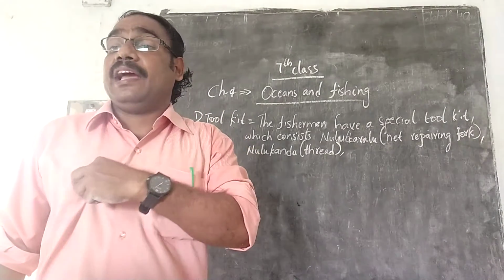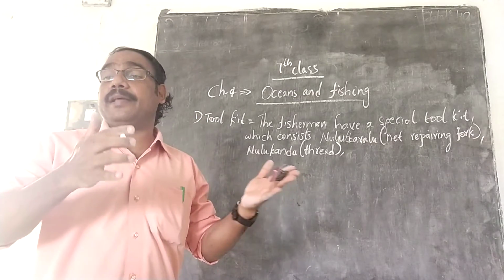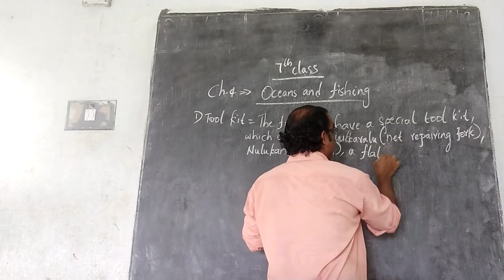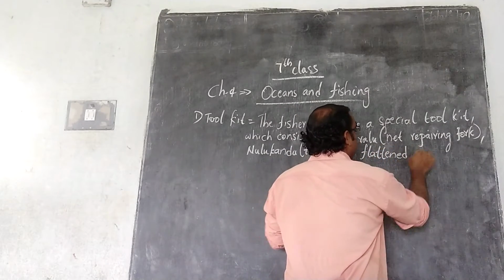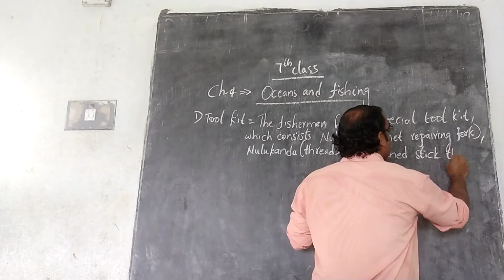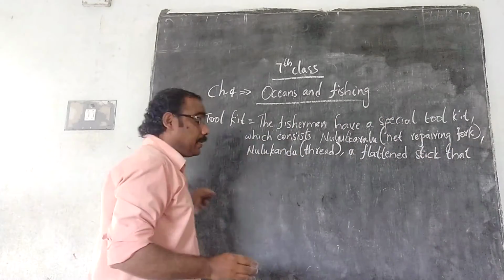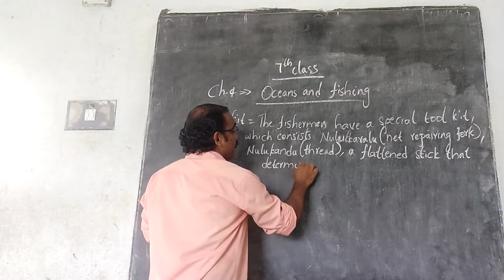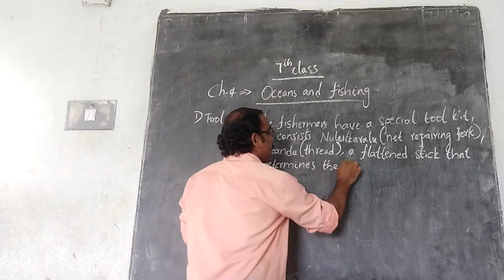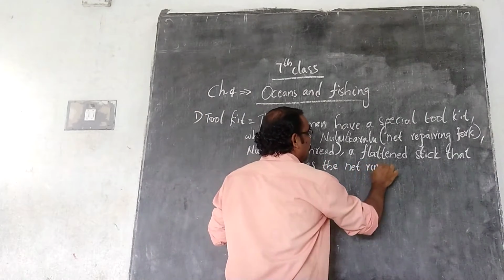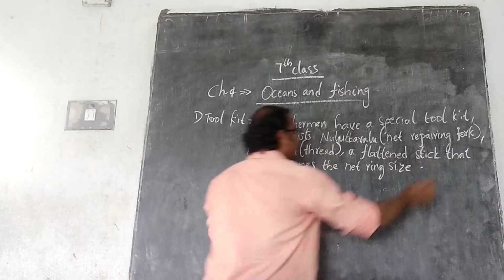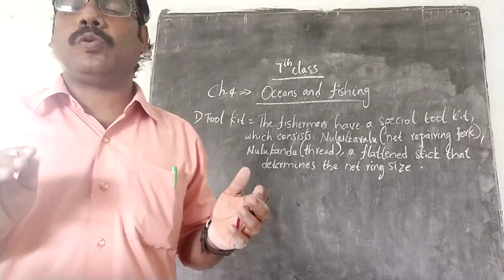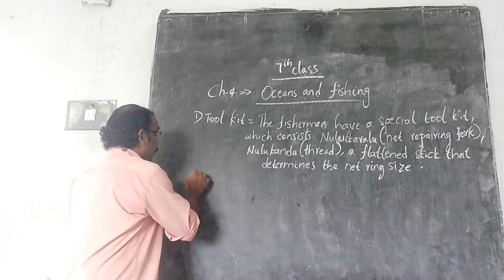A flattened stick, that determines the net ring size. It is determining the net ring size. Okay, these are the main items which we can see in a fisherman's toolkit. It is main for their life.